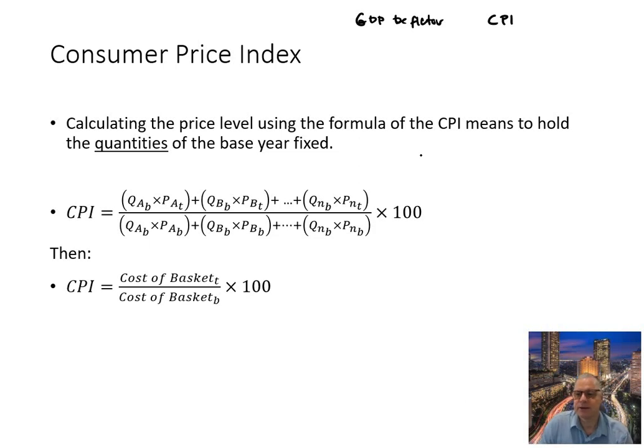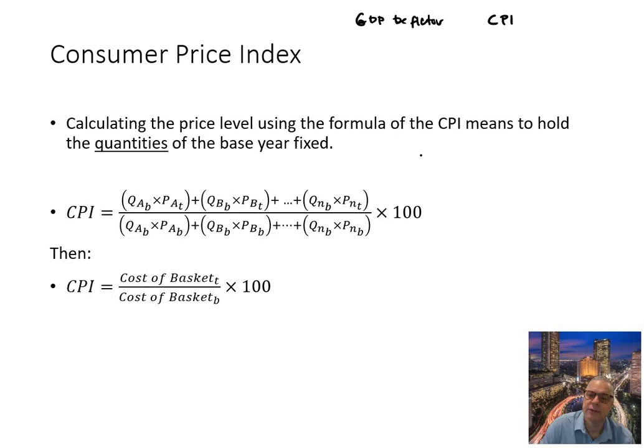And then we said we cannot let both quantities and prices fluctuate at the same time, because then it becomes impossible to get meaningful values for inflation.